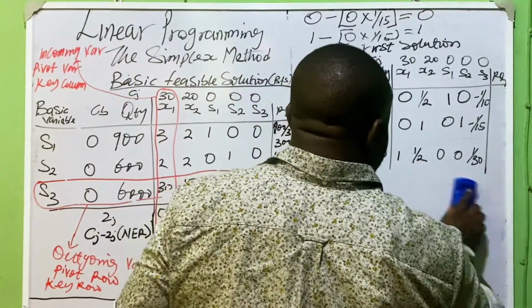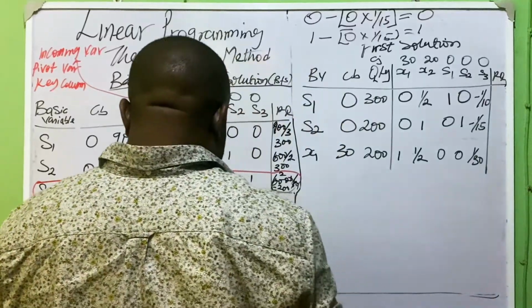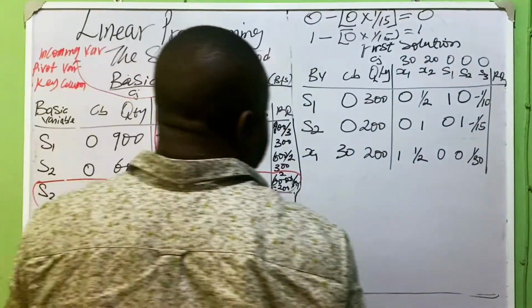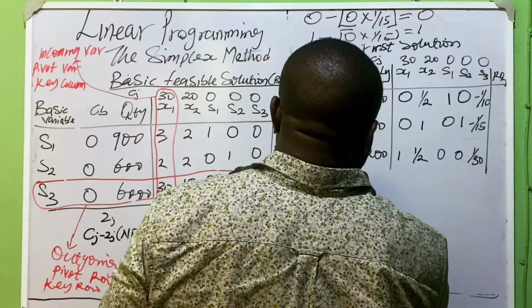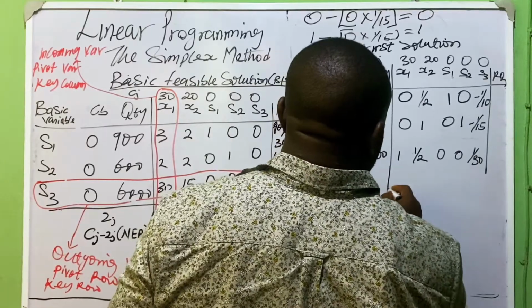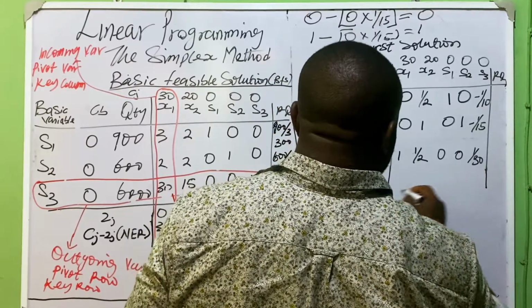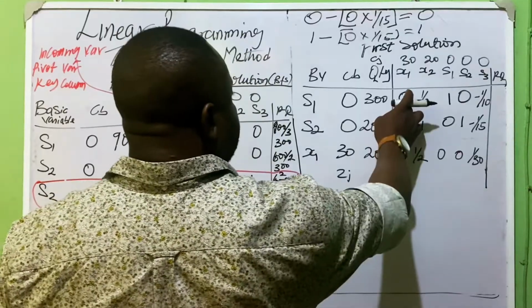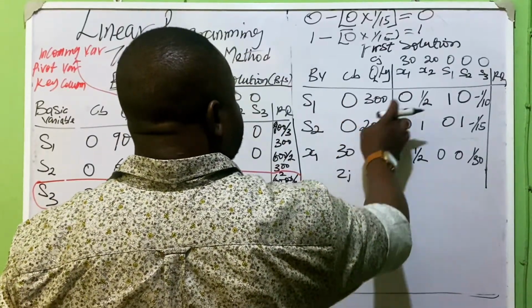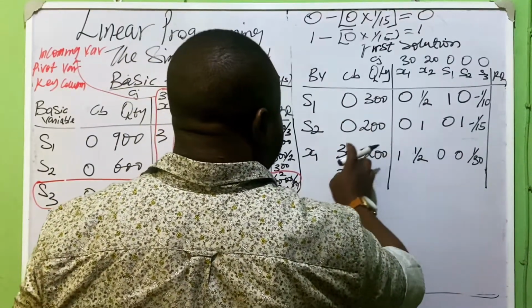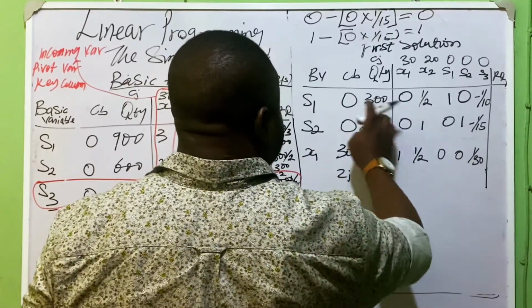So we're going to quickly do our ZJ column, which we have shown how to do, which is this by this, this by this, this by this, plus this by this, plus this by this, and this by this, this by this.